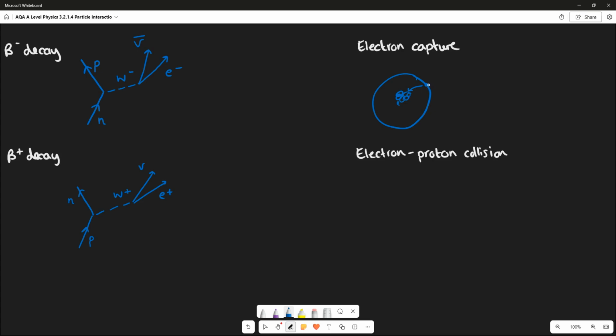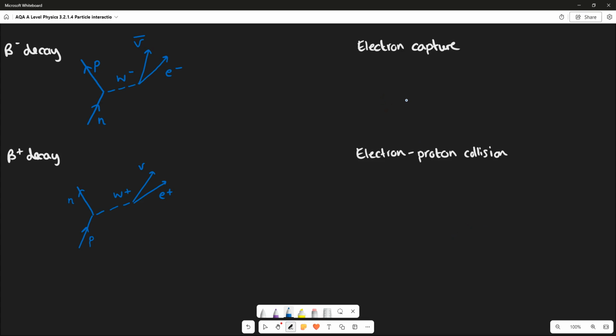So what this does is it's another way for the number of protons inside the nucleus to be reduced. The electron-proton collision is when a stray electron collides with a proton, and it's a very, very similar thing.